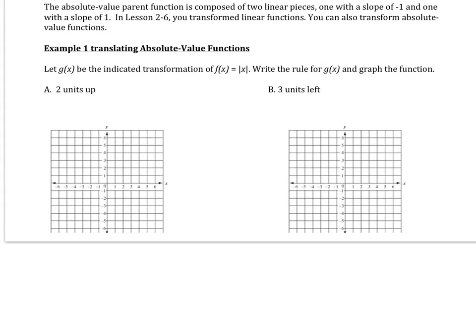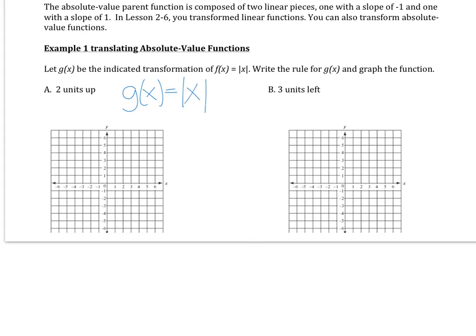So, translating an absolute value function. Let g of x be the indicated transformation of f of x equals absolute value of x. Write the rule. So 2 units up. Recalling our prior lessons, when we went up or down, we added or subtracted outside of the parentheses. We're going to do the same thing here, outside of the absolute value function.